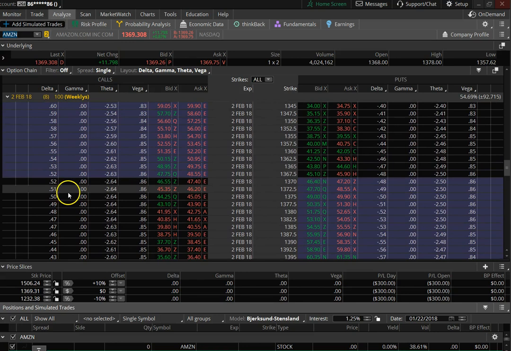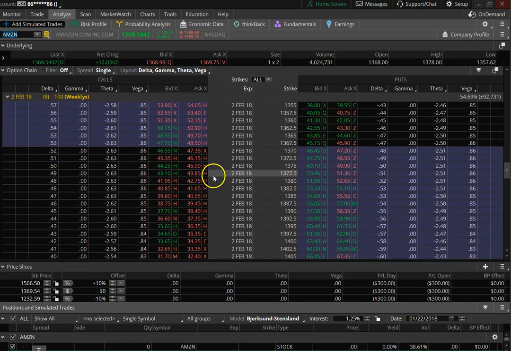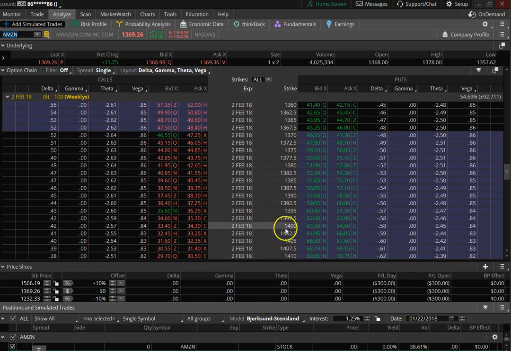So we looked at a bunch of different stocks, and you're looking at the deltas. Let's see something here. So we have a 92% implied move here. Even if you wanted to go 31 points out of the money, it's going to cost you $3,400 to buy one contract of Amazon.